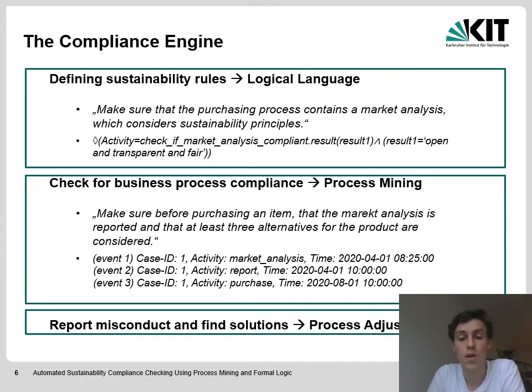So here we check for the existence of the activity within a process and also the ordering of these activities. And then in the end, the compliance engine should report misconduct if this should occur, and also find solutions or give alternatives for how you can improve the process such that the compliance is fulfilled.